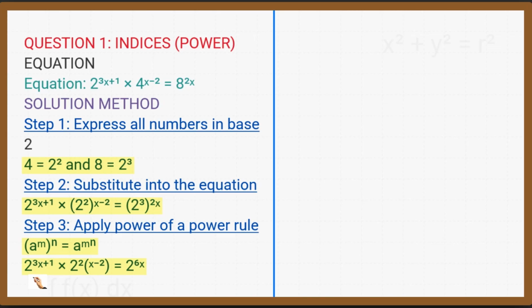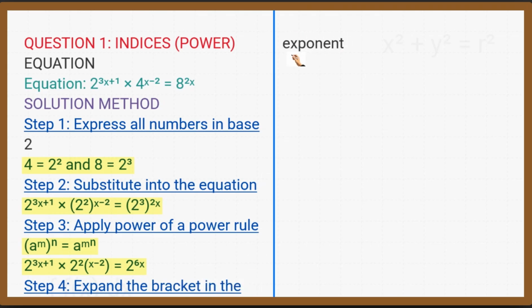Step 4. Let us rewrite the equation after simplifying the exponents. It becomes 2 to the 3x plus 1 times 2 to the 2x minus 4 equals 2 to the 6x. Notice how we simplified carefully, step by step.